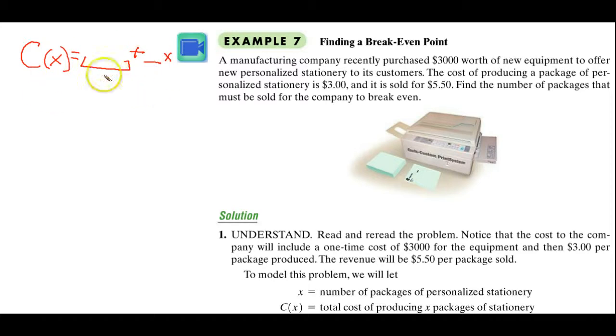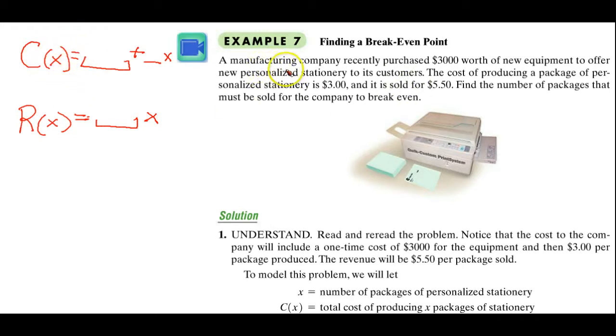Now, when you sell something, you get revenue. And revenue would be the price you are going to sell that product for, and then the number of items that you produce. So this X and this X, in a sense, are the same, but what differs is this.